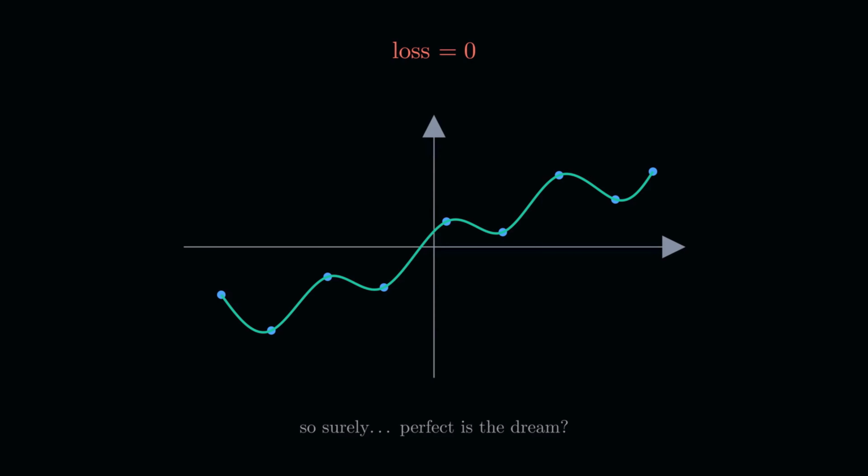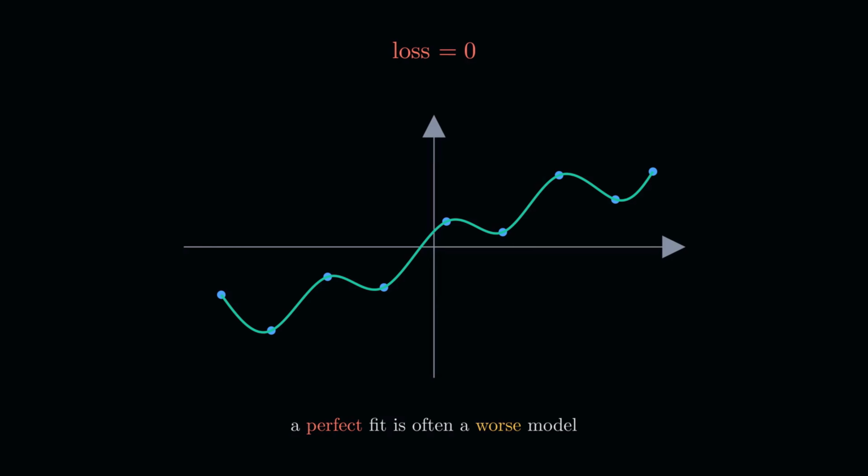Now, if the curved line goes through every single training point perfectly, there is zero loss, a flawless score on the data you have, and the intro celebrated models that keep getting better and better. So, surely perfect is the dream, right, for every single AI model? Now, hold on to that thought for a second, because the answer is going to feel completely backwards.